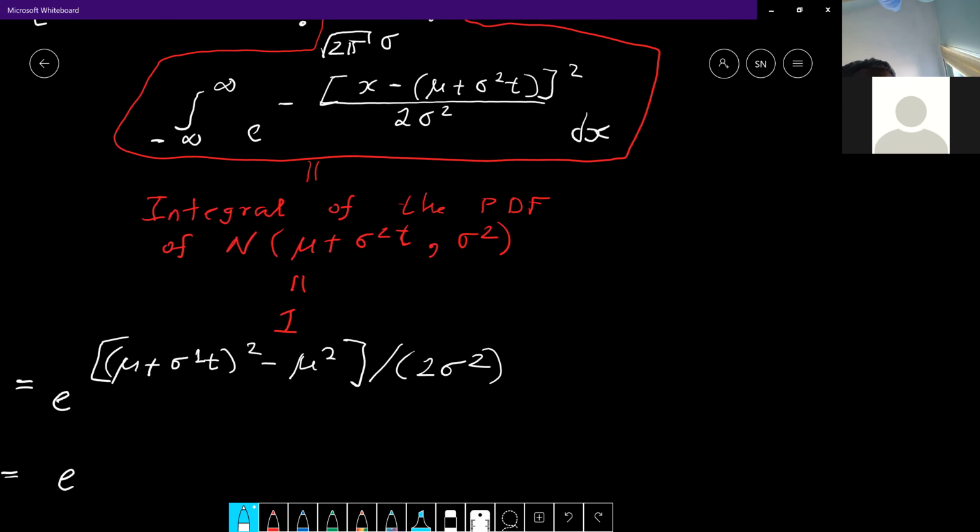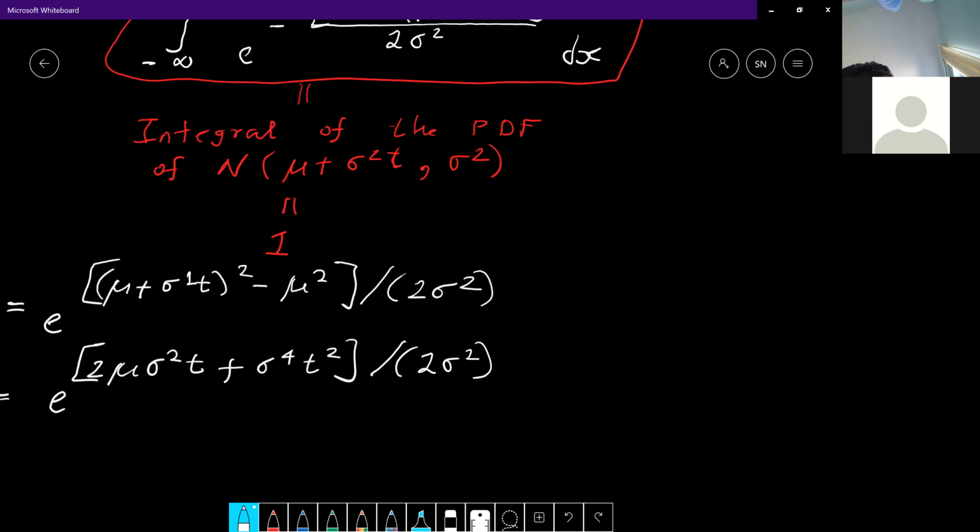The remaining terms will be 2 mu sigma squared t plus sigma to the power 4 t squared, in brackets, divided by 2 sigma squared. So this is equal to e to the power of mu t plus sigma squared t squared over 2.